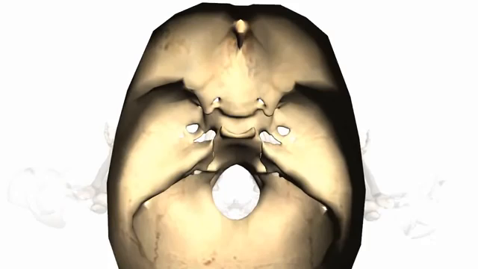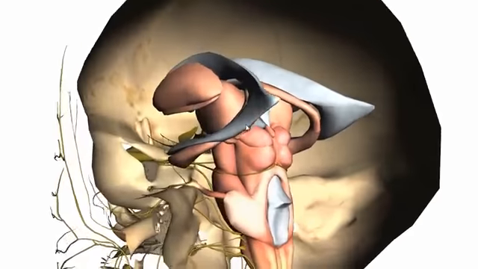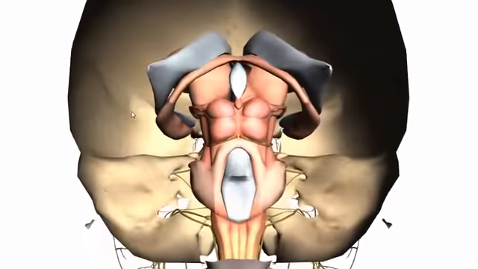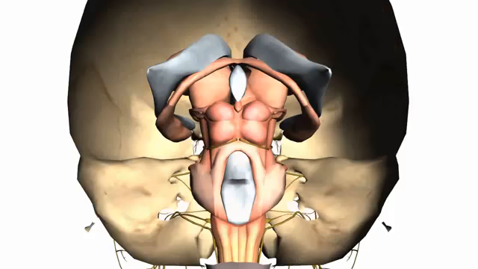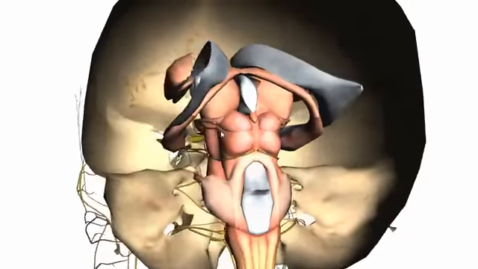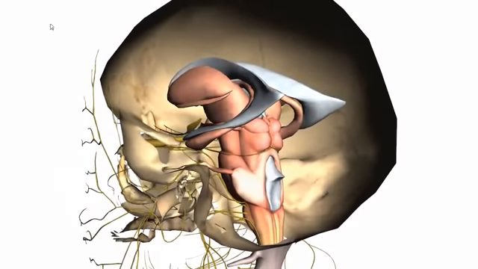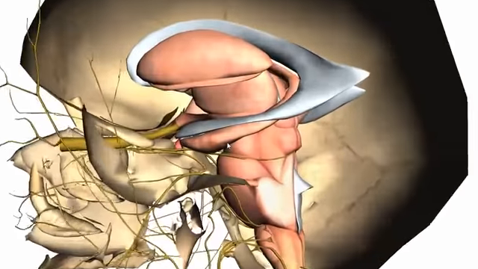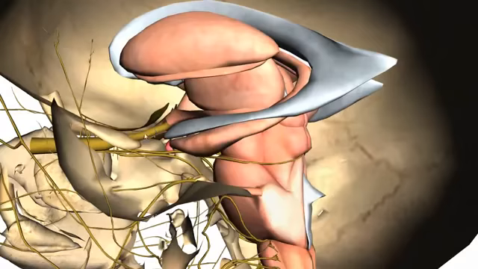So starting anteriorly, this is looking from behind, and if I just rotate around, this is anterior, this end, and posterior is this side. So you can see here this big nerve.